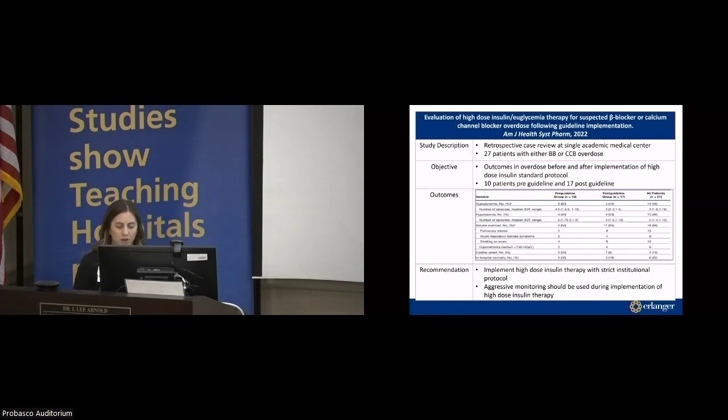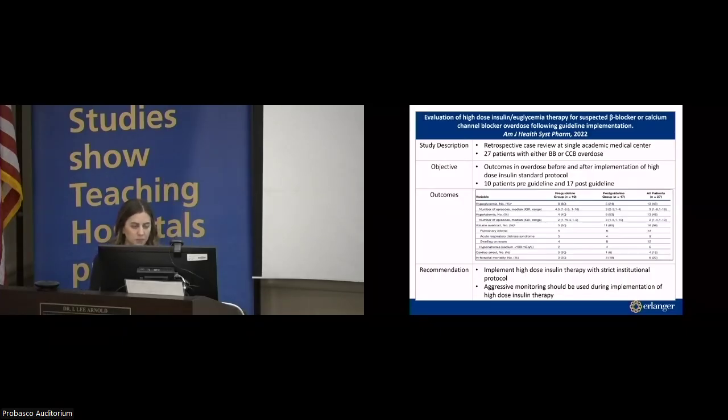Essentially, the protocol had them put insulin in a higher concentration in a bag compared to what they normally did. Their normal was 1 unit per ml to 10 units per ml, and they gave it as a 20 units per ml solution, and then implemented monitoring parameters for it.